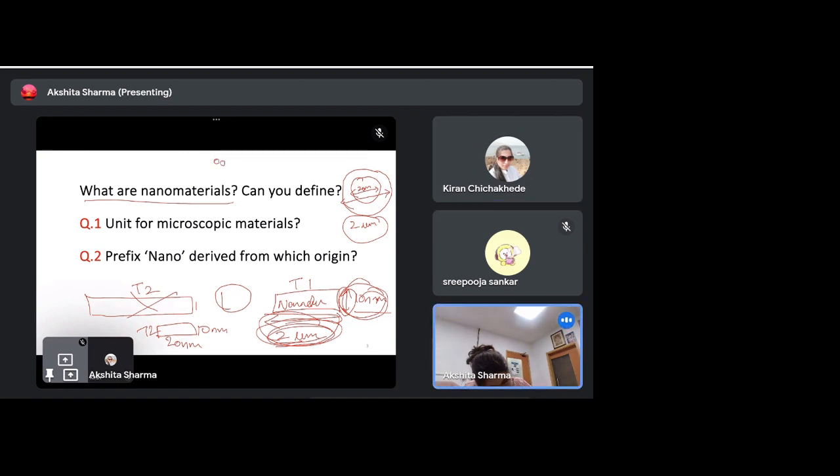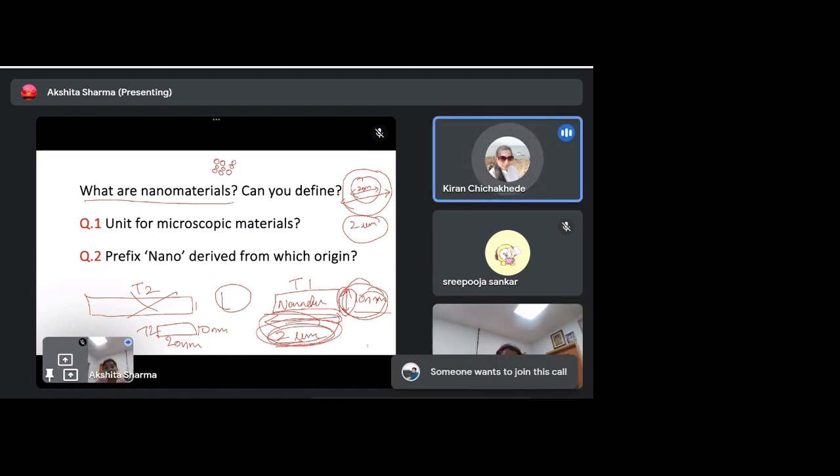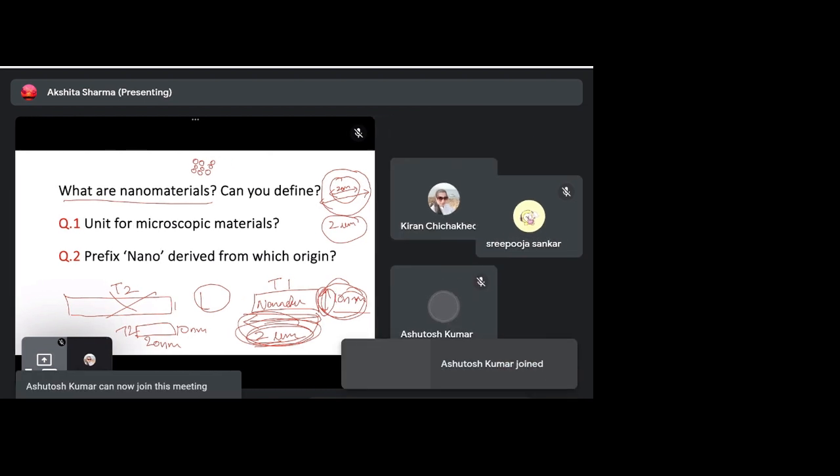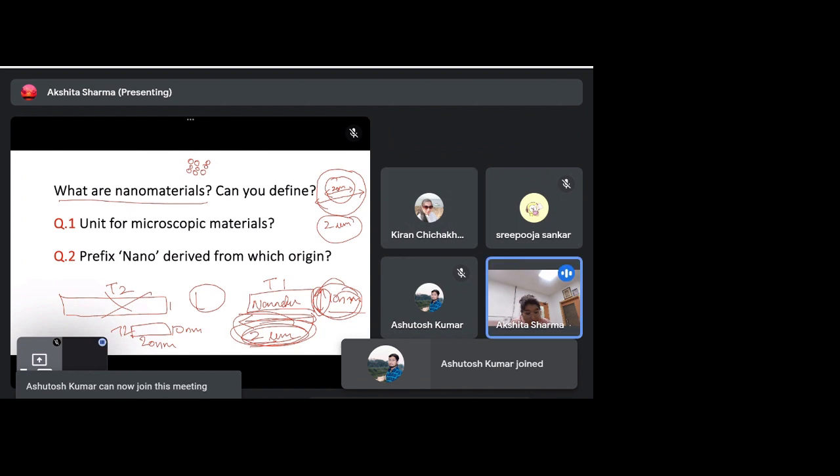One more question. I have a lot of smaller particles. Like one dimension should be nanometer, at least one. Do you understand what quantum dots are? Okay, so suppose this is a quantum dot of gold nanoparticles.